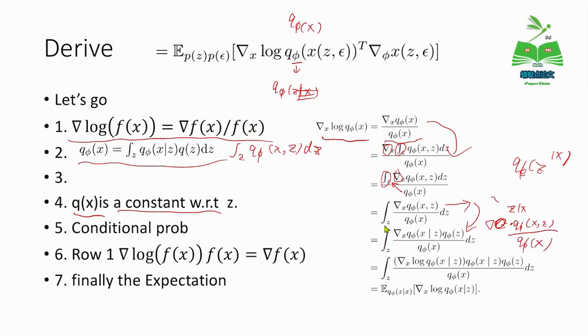Then we can get the q phi z given x. So we need to get the q phi x given z out from the computing of the gradient.